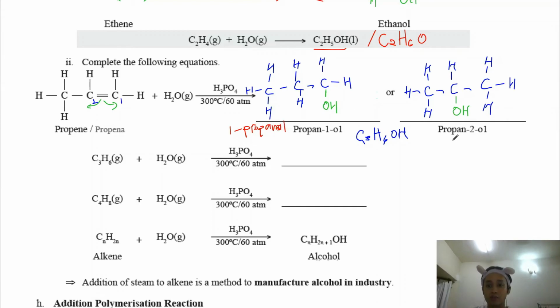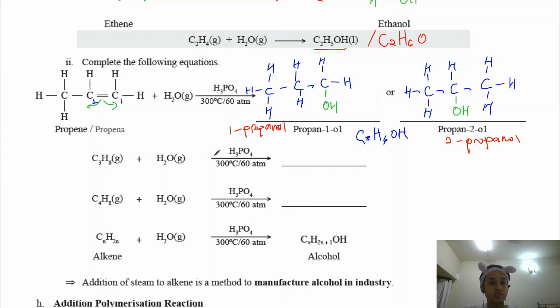And this one we will write as 2-propanol. So two ways of writing. You can write propan-2-ol or 2-propanol also can, but normally write it this way, easier to write. So technically for propene onwards, normally you will get two products.